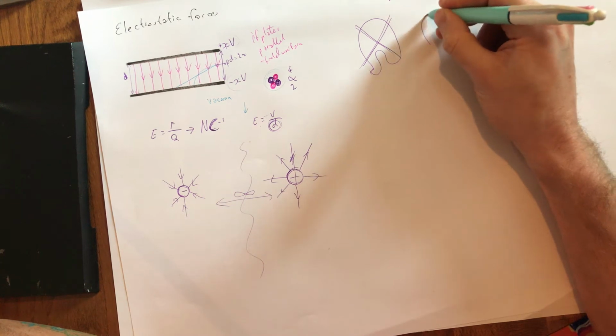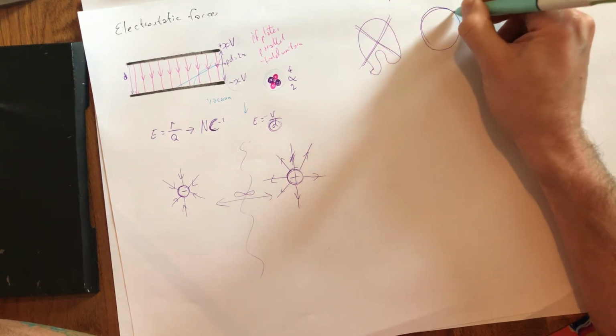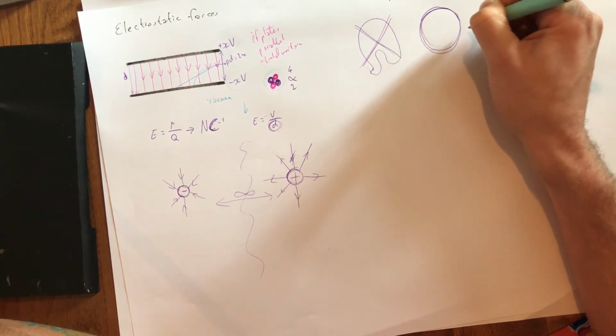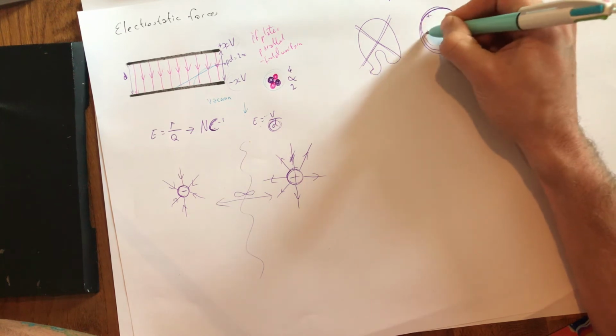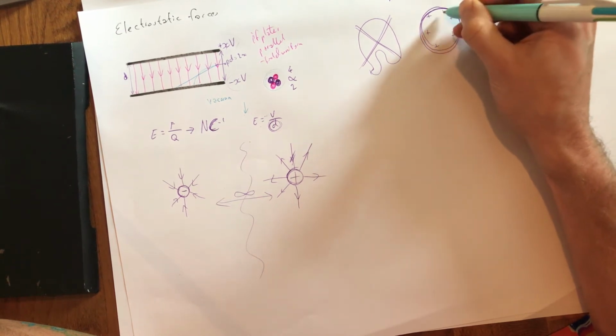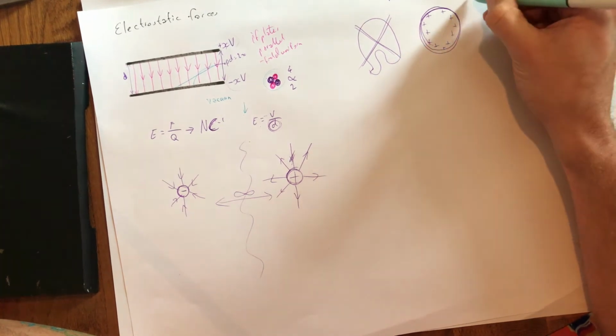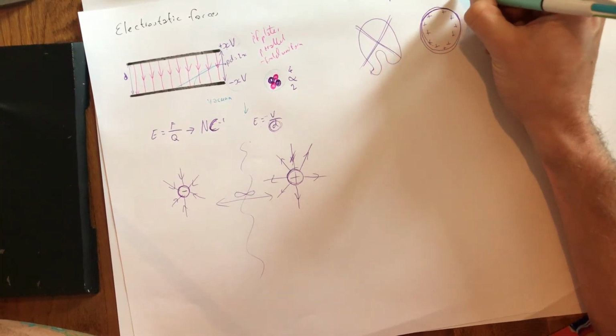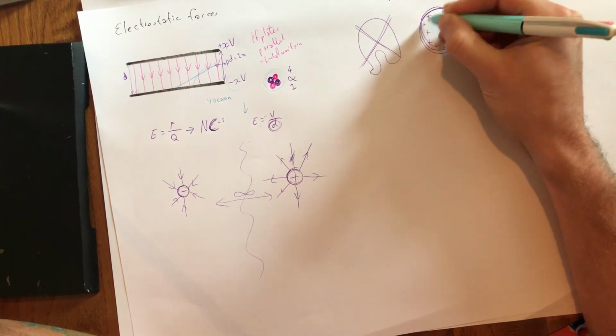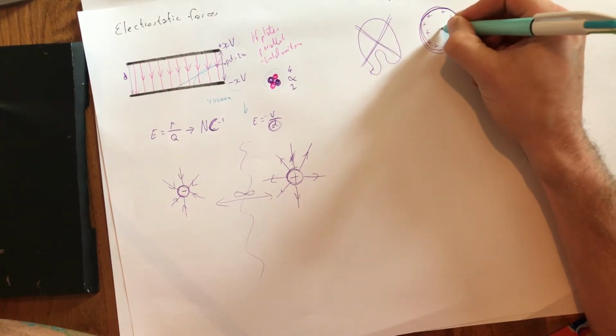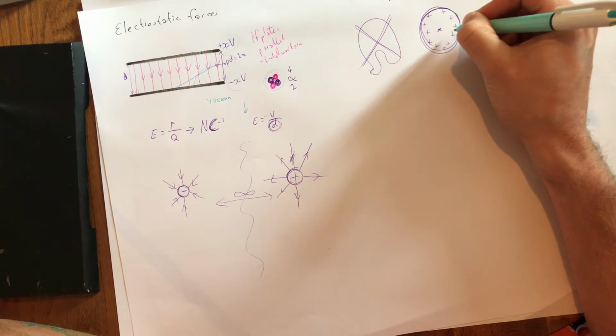What we tend to focus on is a charged sphere, and let's say it's got a positive charge. Now, we don't know the exact distribution of those charges, but if it is a conductor, which is what we assume, we can regard all that charge as acting at a point at the geometric center of that object.